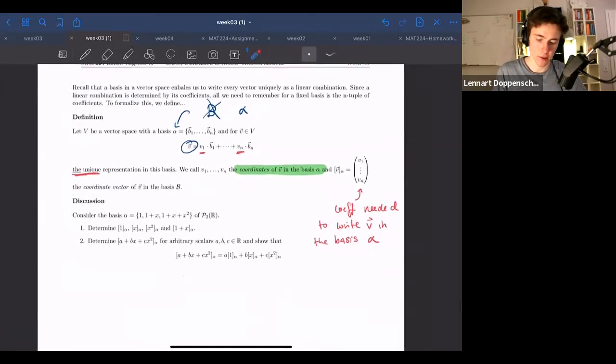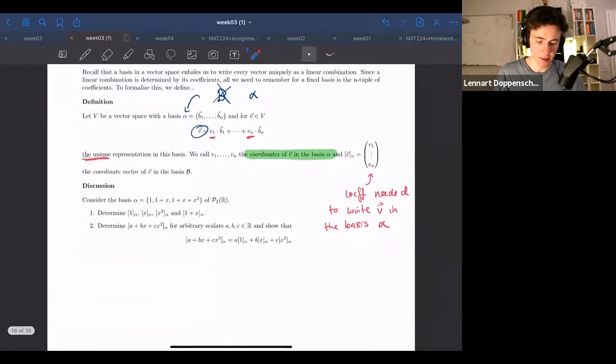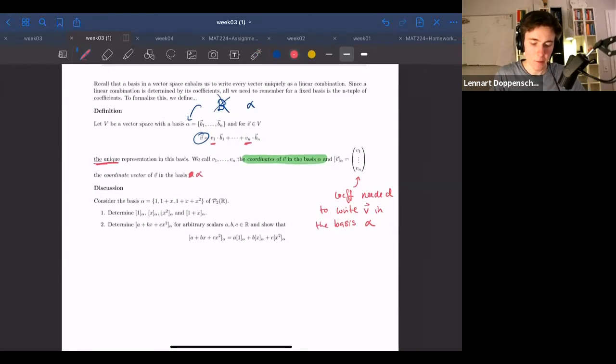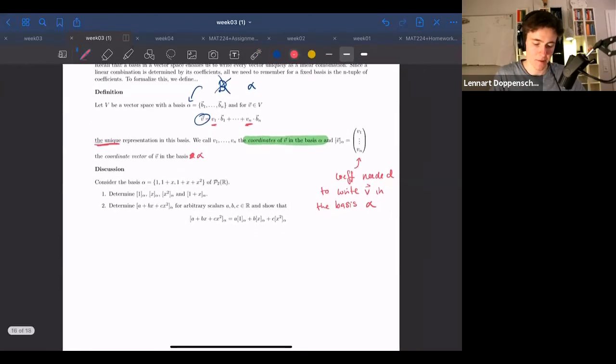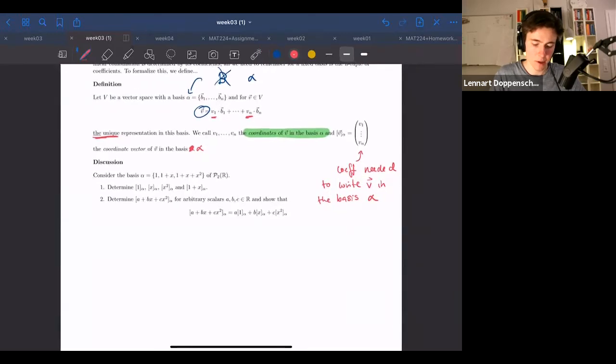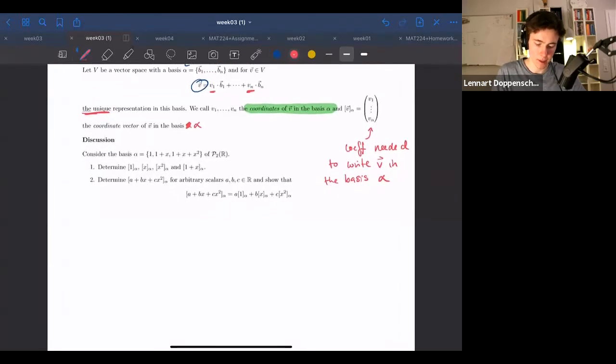Okay, so now that we have defined this, we also call this column the coordinate vector of v in the basis alpha. So now I'll give you 3 minutes to think about this. I'm giving you a specific basis alpha of the polynomials P2 of R. And I want you to find the coordinate vectors.